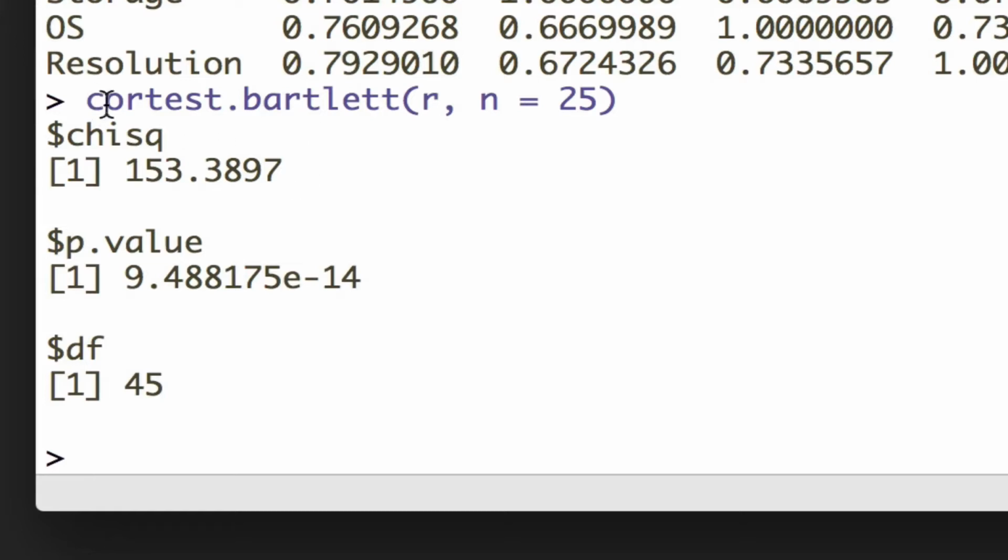We see it gives us a chi-square value, and this scientific notation is minus, so many places behind 0, so it's much less than the cutoff of 0.05 that we use for significance tests. So we can say this is a significant Bartlett's test, and what that means in this context is that we don't have sphericity, which is a good thing.